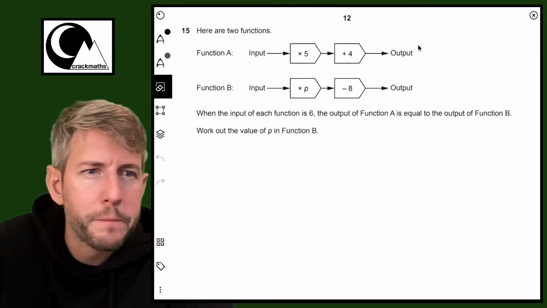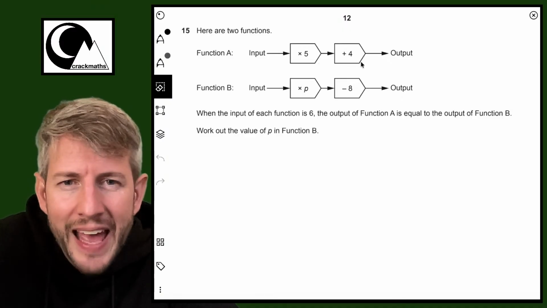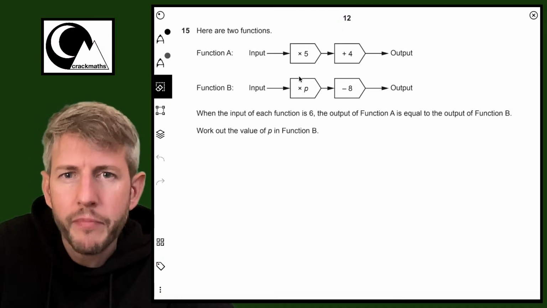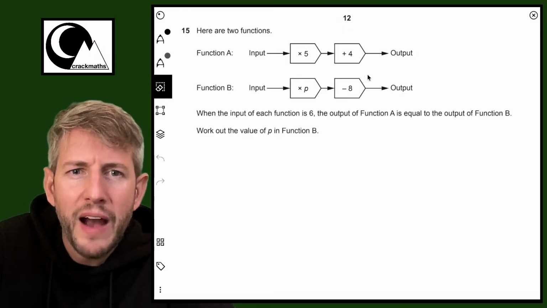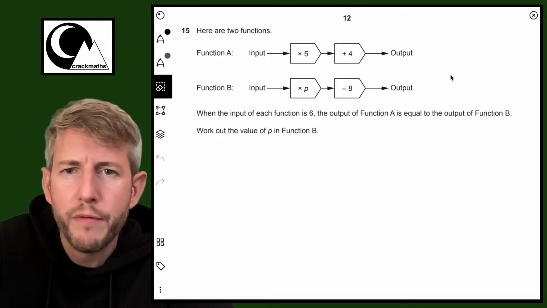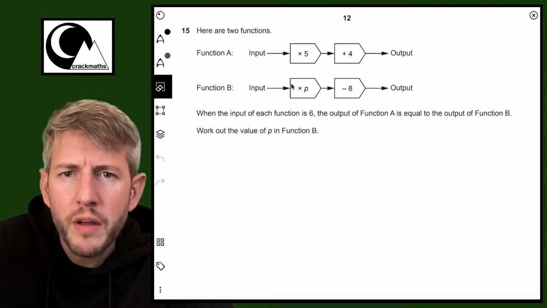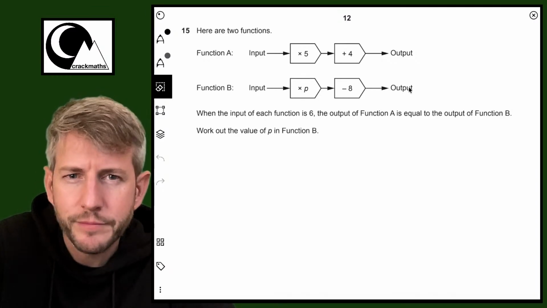That gives us the output. Function B, we times it by p, and then we take away 8. When the input for each function is 6, the output for function A is equal to the output for function B. Work out the value of p in function B.